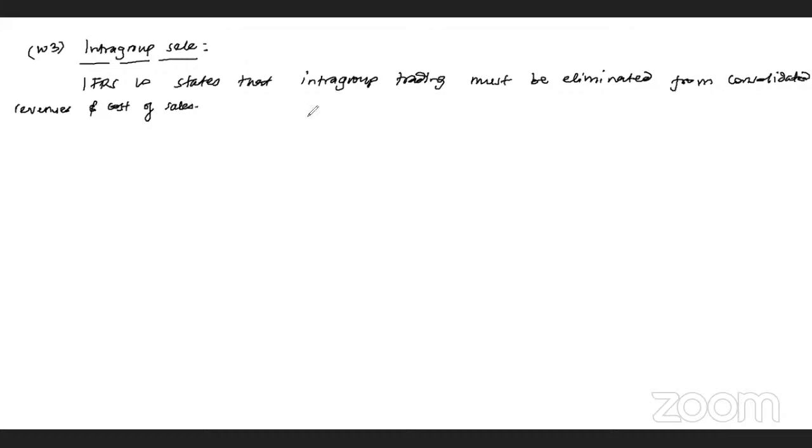Of course, any unrealized profit should also be eliminated by increasing cost of sales.